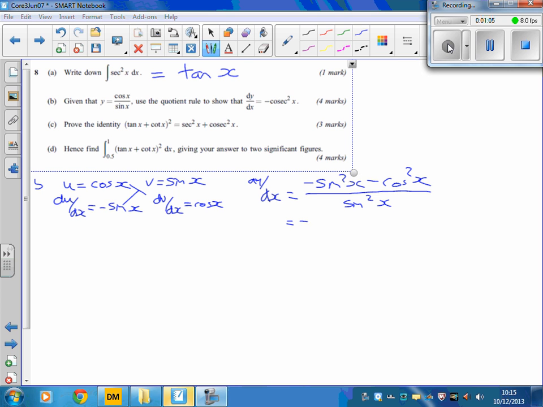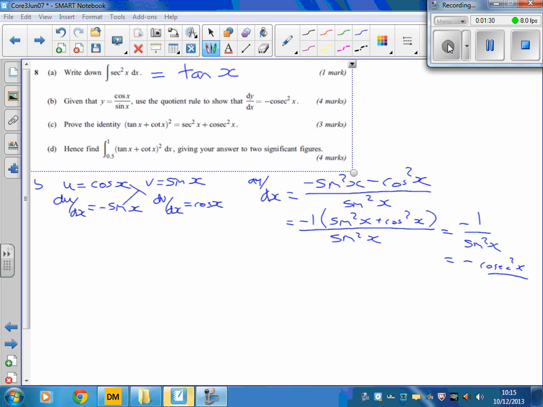You can see here I've got a factor of minus 1 on the top, and then I can put sine squared x plus cos squared x, which we know is equal to 1. So we've got minus 1 over sine squared x, and sine squared x, of course, on the bottom is the same as cosec squared x. And we got the minus in there as well.